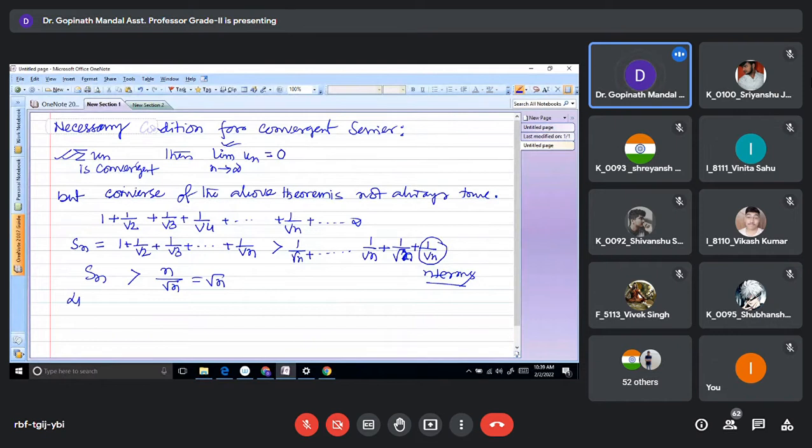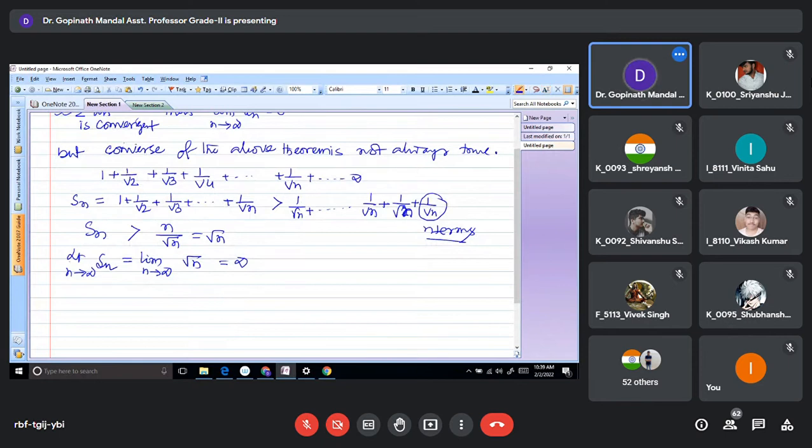So limit n tending to infinity Sn is greater than limit n tending to infinity root n, and this is infinity. That means the above series is divergent.